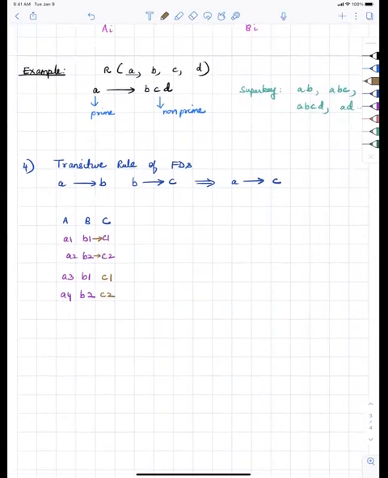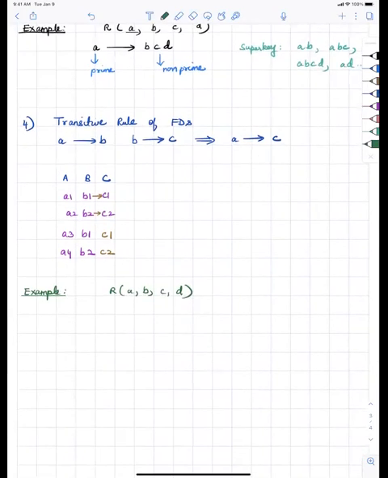Okay, so these were the 4 rules. I'm going to do a couple of examples. Let's say we have this table with 4 attributes, A, B, C, and D. You have A1, B1, C1, D1.